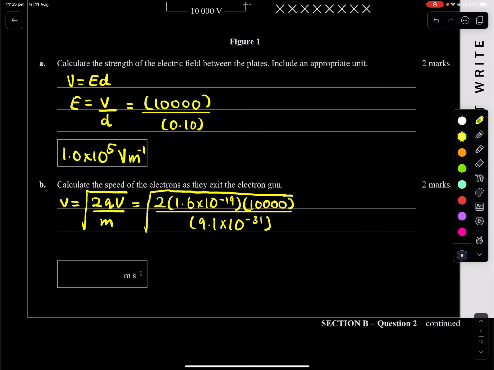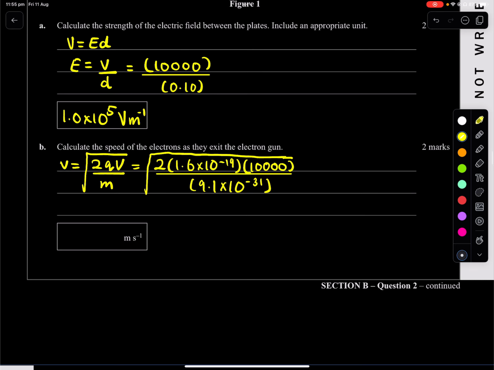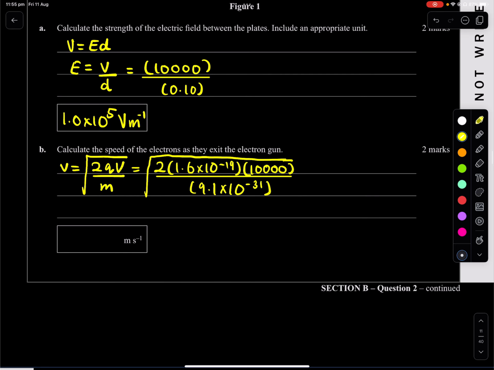That gives you, okay, we want 2 significant figures, so it would just be 5.9 times 10 to the power of 7. Nice.